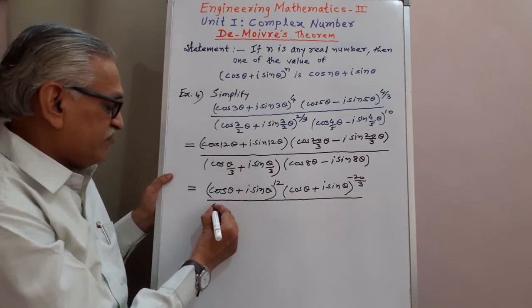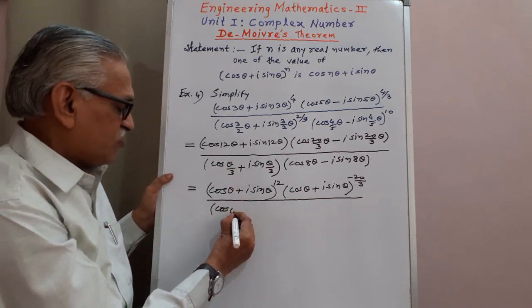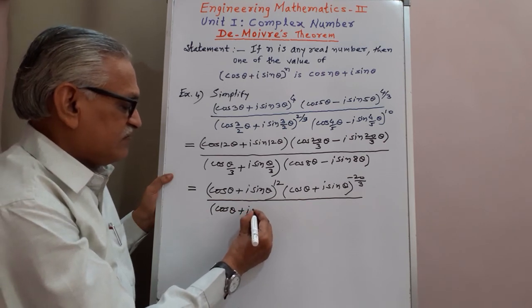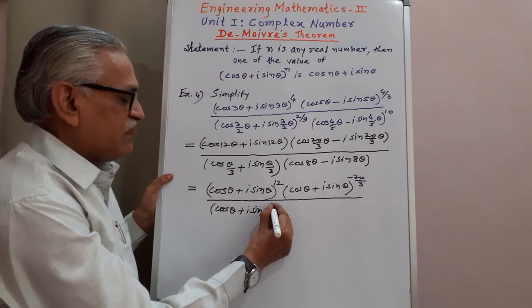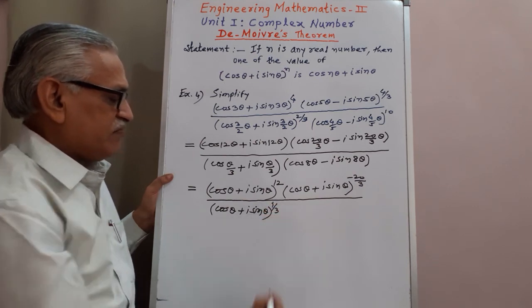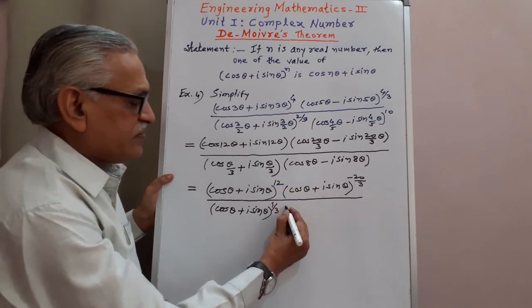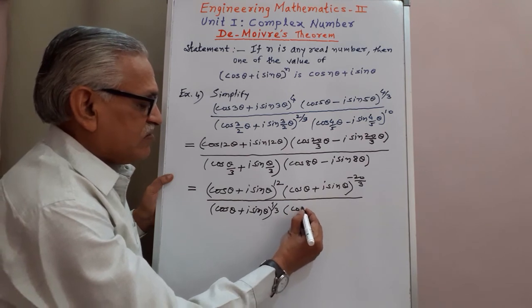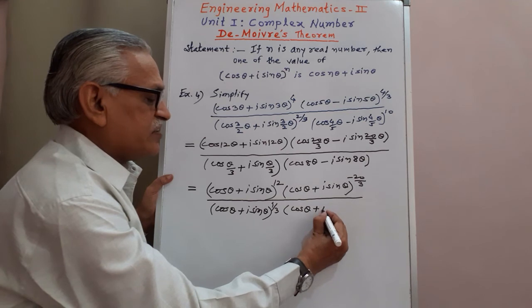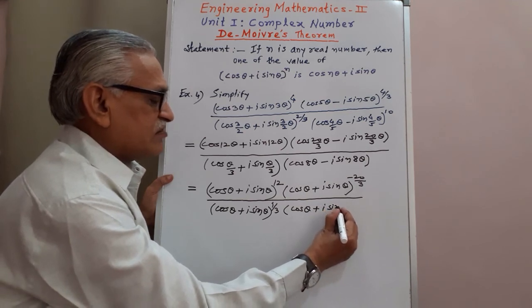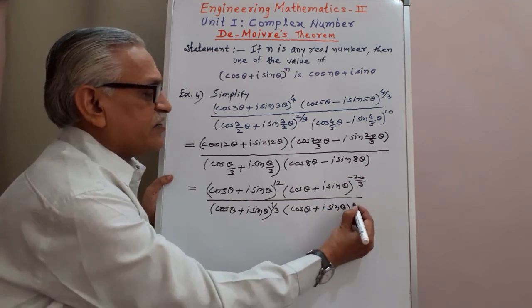This one as (cos θ + i sin θ) raised to 1/3, and this one as (cos θ + i sin θ) raised to −8.